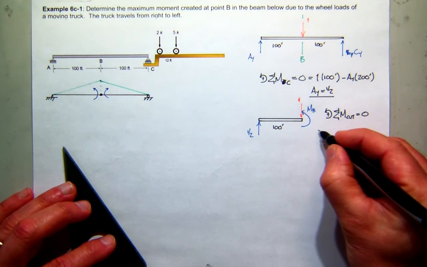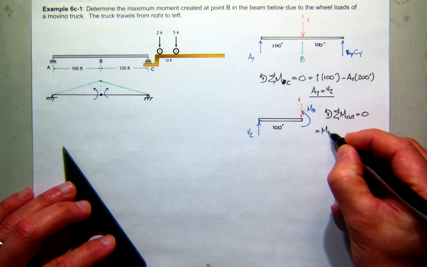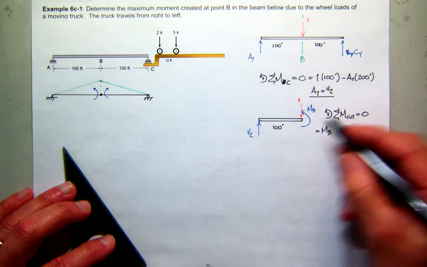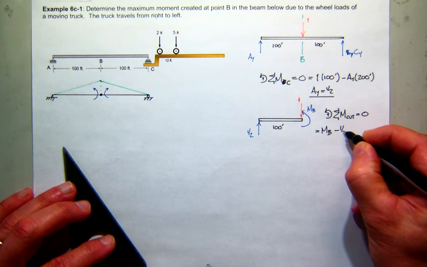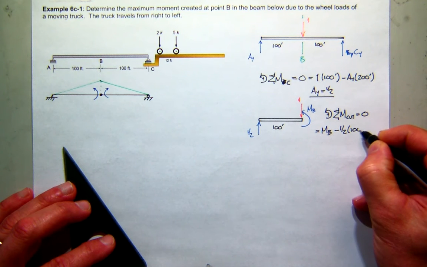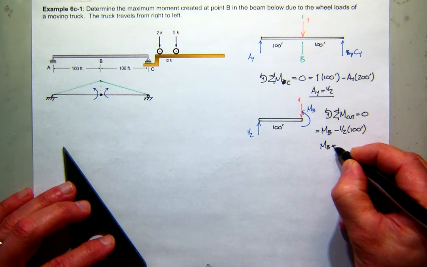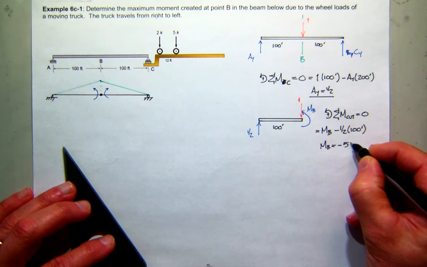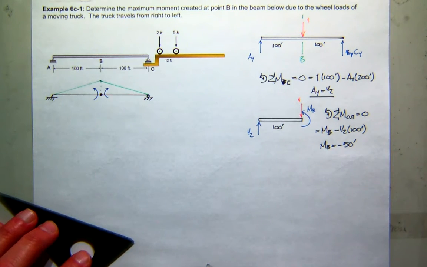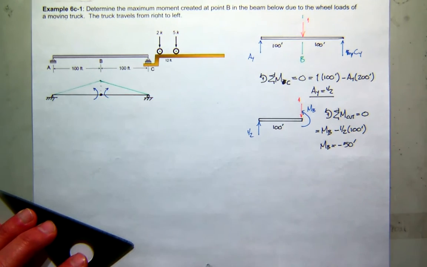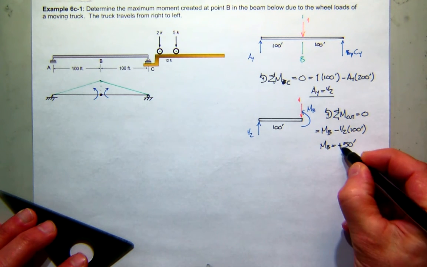I have my interior moment at B, which is positive. And then I have the reaction creating negative moment of 1/2 times 100. So it looks like my moment at B is minus 50 feet. I'm sorry, not minus, positive 50 feet.